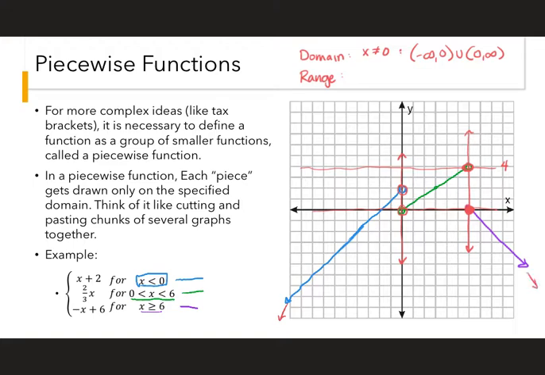So my range is going to be -infinity to +4, but not including the +4. Okay, so domain and range can get a little weird with those, but basically you're looking for what's the smallest one, what's the biggest one, and do they have any places that they can't go? Okay. All right, so that's it for 3.2.